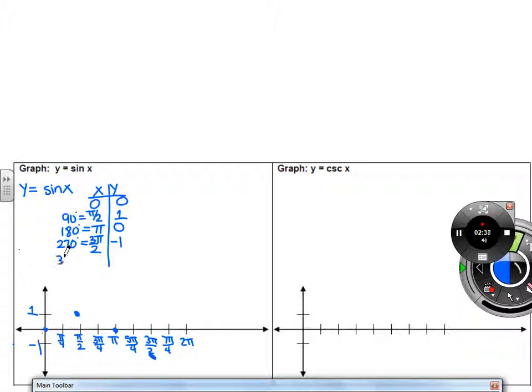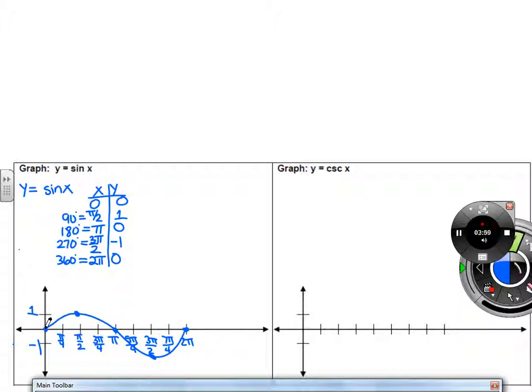And then 360 degrees, or 2 pi. And again, that's back to the beginning, and the sine is 0. And at that point, the pattern would start repeating itself, and it would cycle through those numbers. So this is the basic parent function for the sine graph.